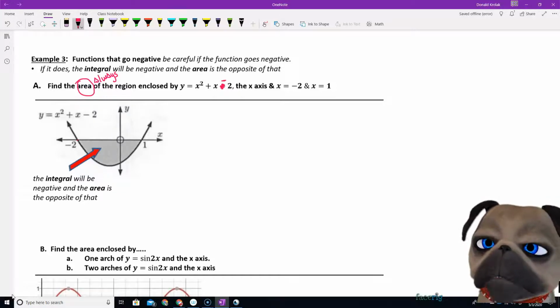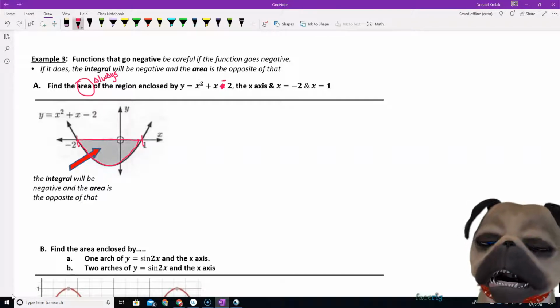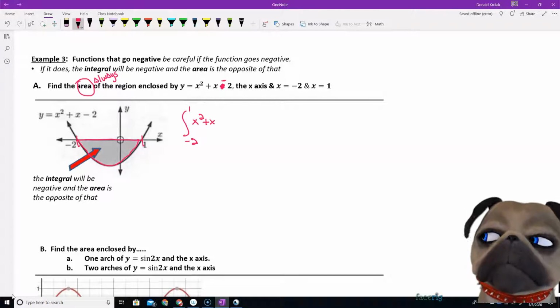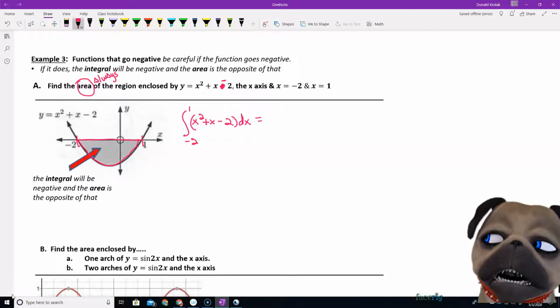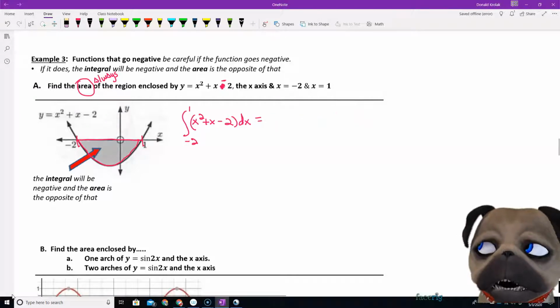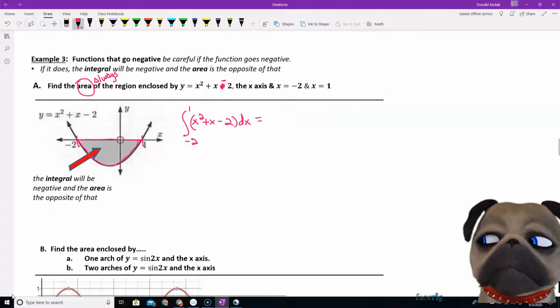Okay, and we want to find the area bounded by the x-axis, by the curve, by negative 2 to the left, and positive 1 to the right. So you integrate from left to right. Okay, so our integral now.